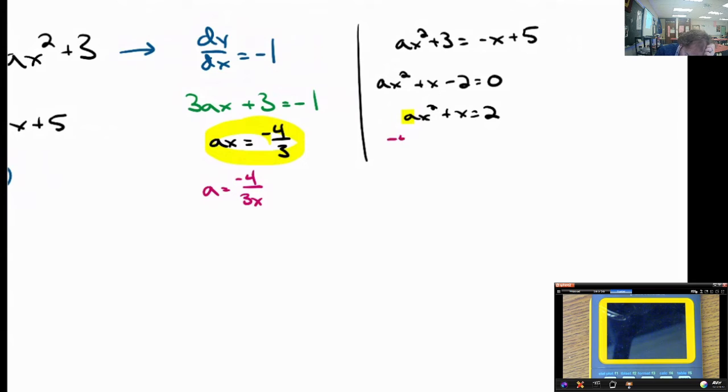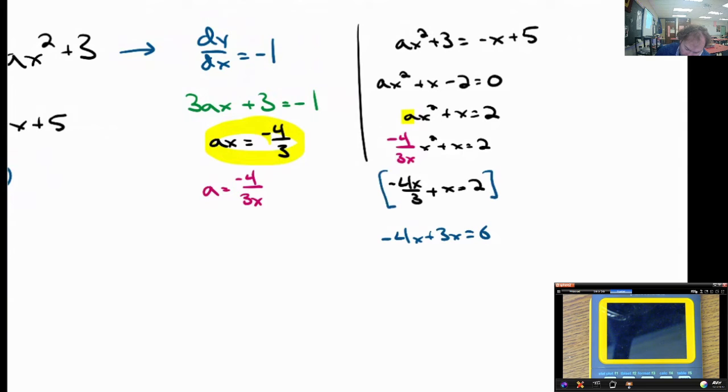So we'll have negative 4 over 3x times x squared plus x equals 2. And now the x's balance out, so it's negative 4x over 3 plus x equals 2. And it might be best if I just multiply everything in this problem by 3 right away and get negative 4x plus 3x equals 6. Man, I hope I'm right.